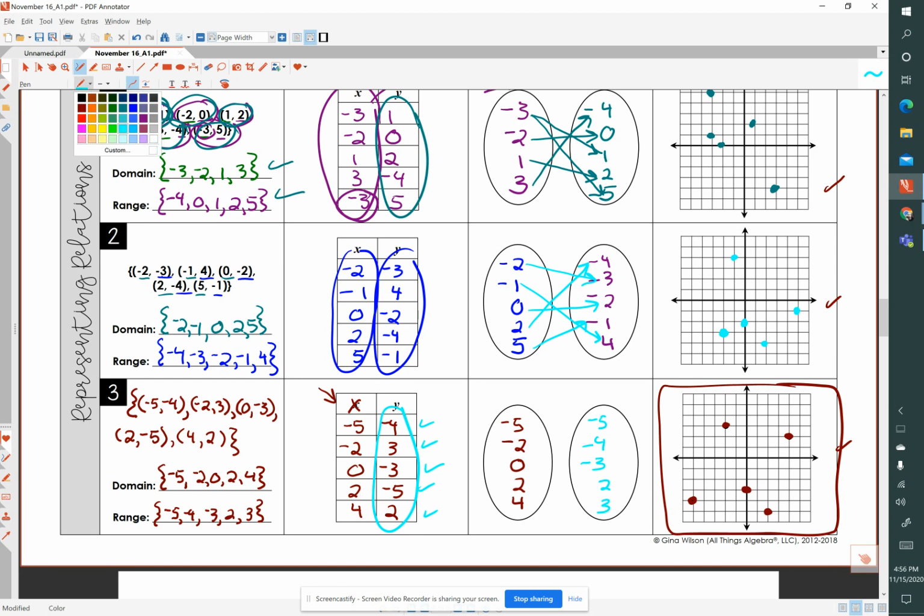Now I need to map them. So -5 maps to -4. -2 maps to 3. 0 maps to -3. 2 maps to -5. And 4 maps to 2.